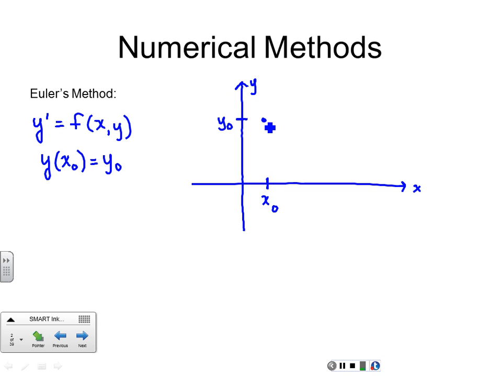Now what you're wanting to do here is to create little line segments defined by this differential equation that will map out a possible path. Let's say I do a step size, I'm going to add just, let's say, 1 unit to that x. Add 1 to it.